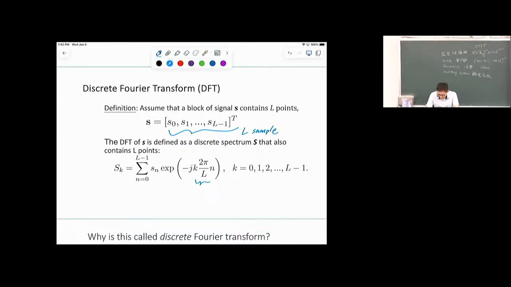The frequency omega k for the kth spectral line, the spectral line index k, equals k times 2 pi divided by L, where L is the length of the block in the time domain. You can also call 2 pi divided by L the fundamental frequency.